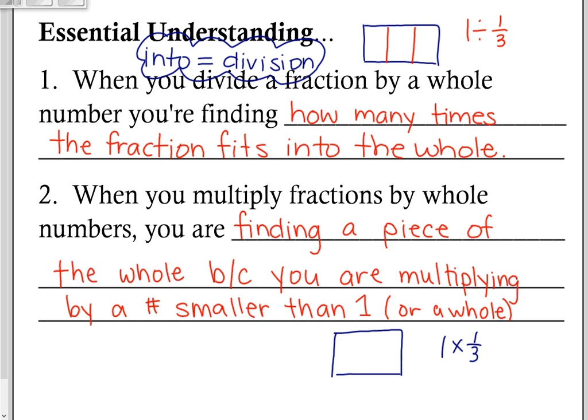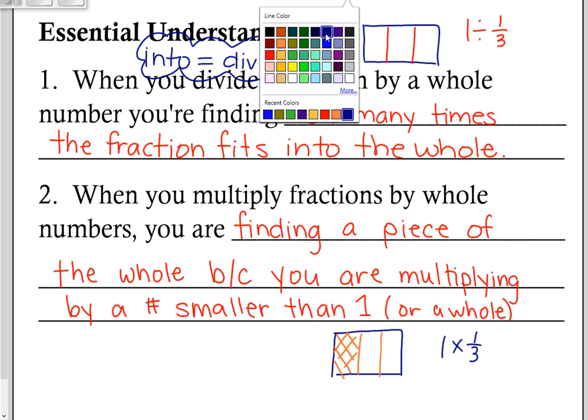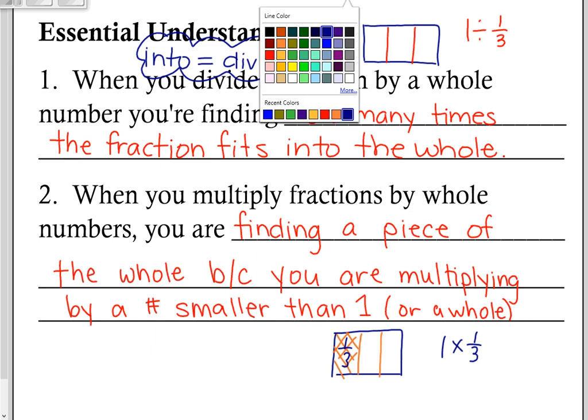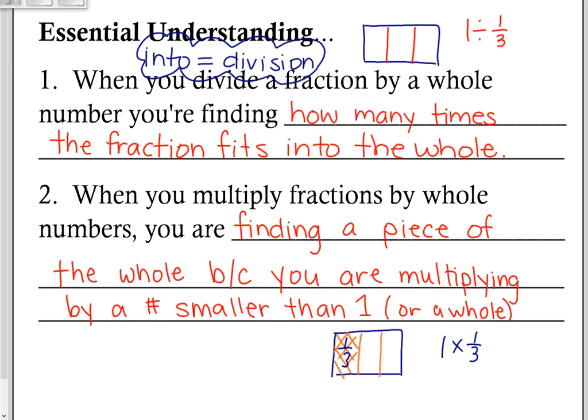So I have my whole, and if I divide it into a third, well, where they overlap is what it represents. And that represents 1/3 of the whole. Dividing, well, that's going to be 1 times flip 3, because how many pieces did I divide the whole into? 1, 2, 3 pieces. Does that make sense?